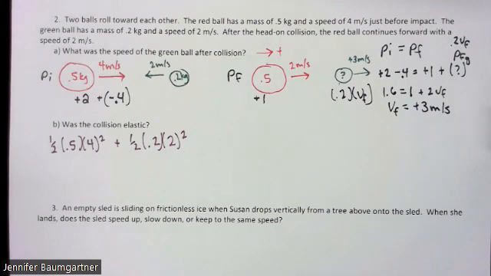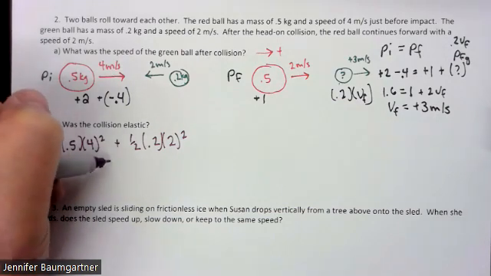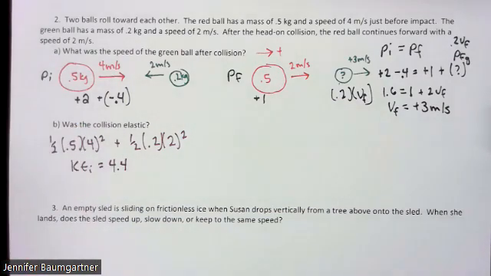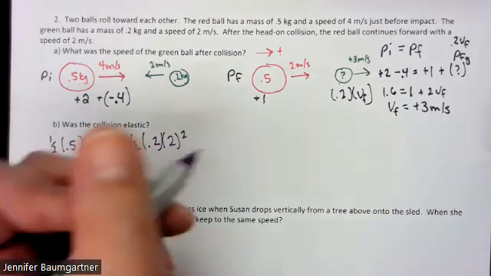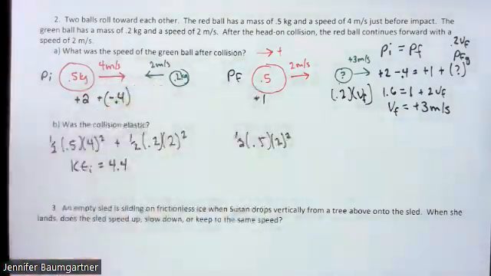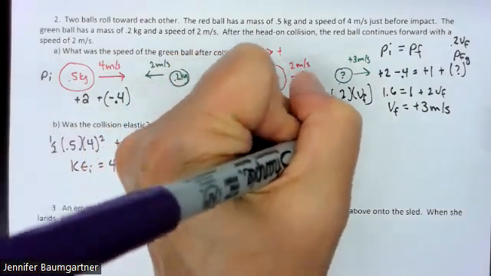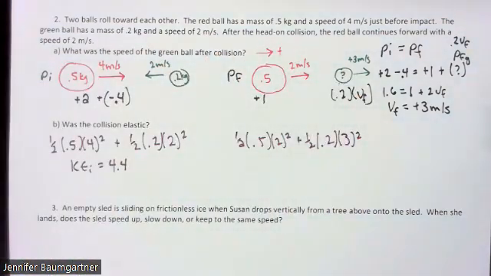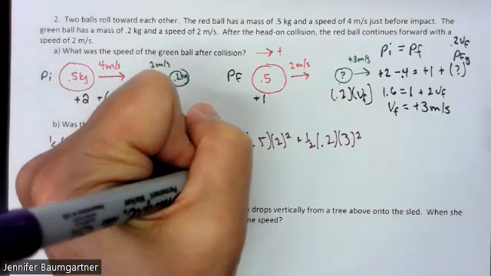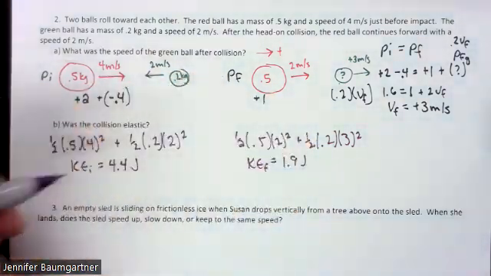We do not look at positives and negatives with energy. So my initial kinetic energy is 4.4. My final kinetic energy is 1/2 times 0.5 times 2 squared plus 1/2 times 0.2 times 3 squared. When I do my algebra, I find that the final kinetic energy is 1.9 joules.